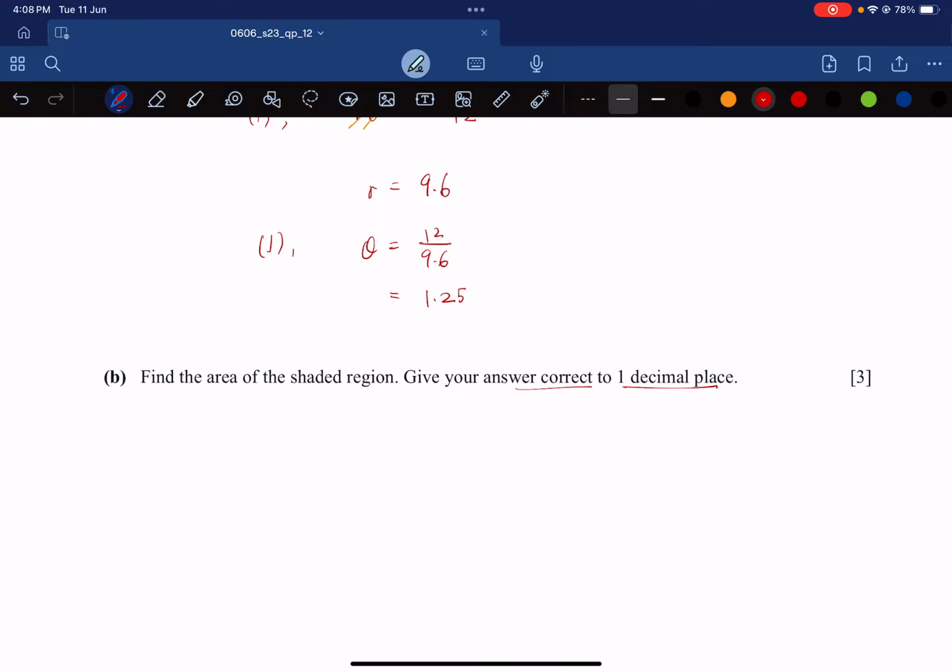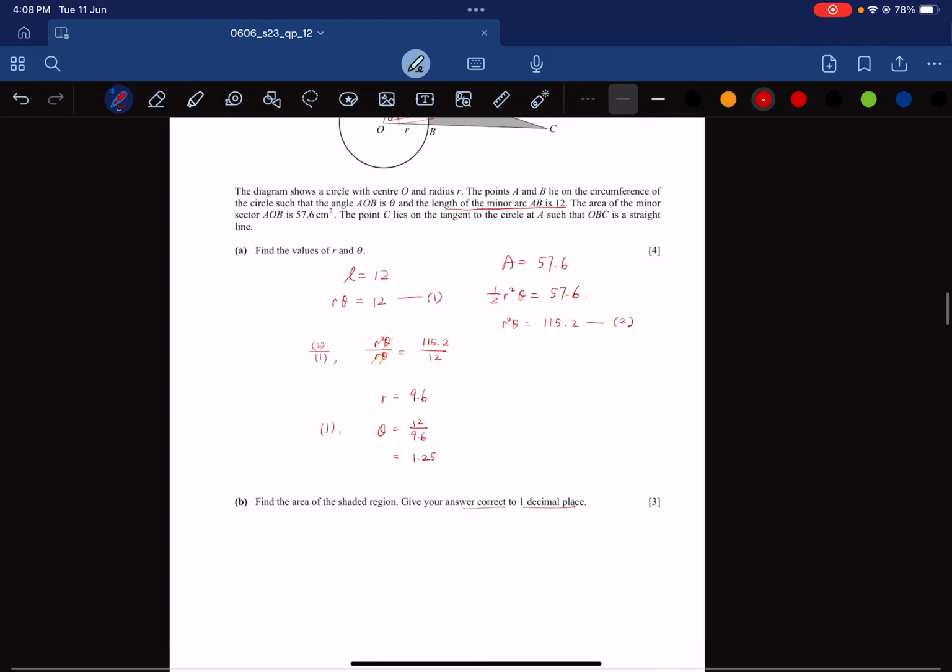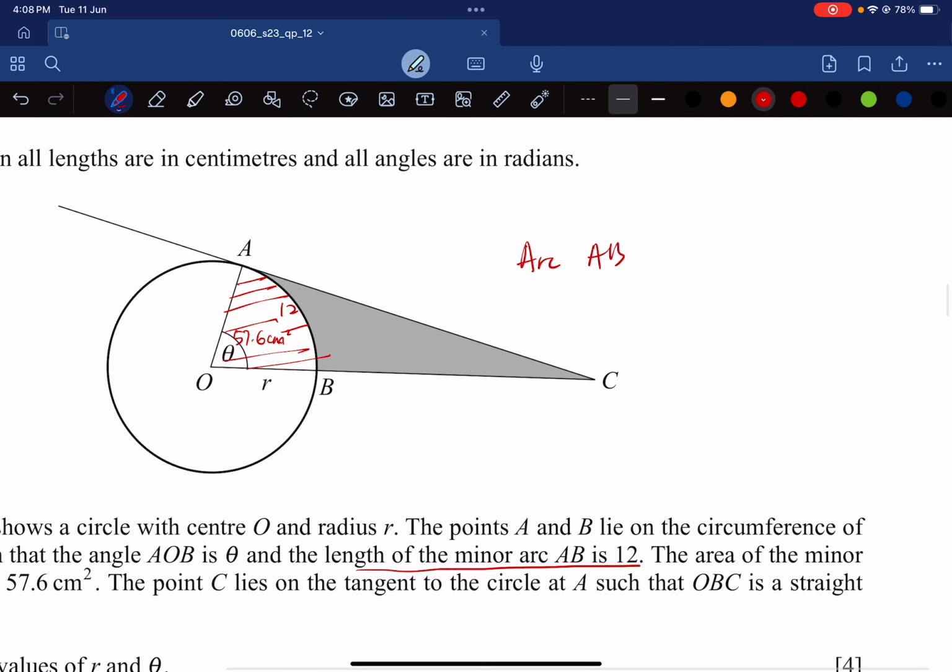Find the area of the shaded region. Give your answer correct to one decimal place. Now there is no direct way to find this, so we need to go indirectly. We need to use the area of this triangle minus the area of this sector.